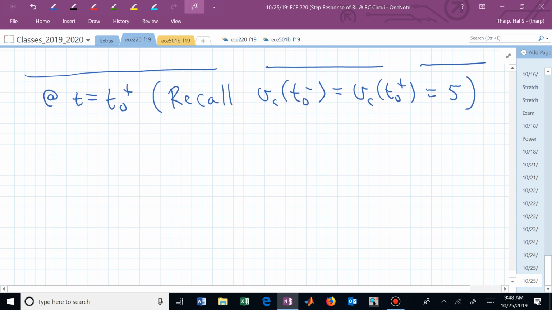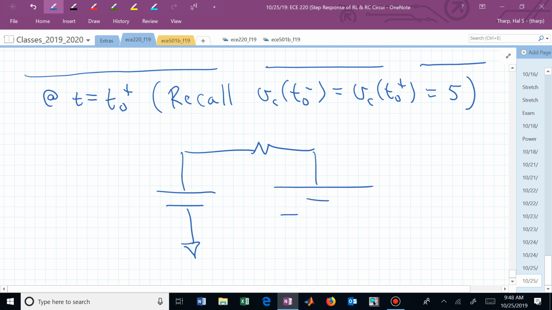So now after we throw the switches, we have our capacitor, we have this resistor, and now we're connected to the 12 volt source. This is now at t sub 0 plus. This was 2.